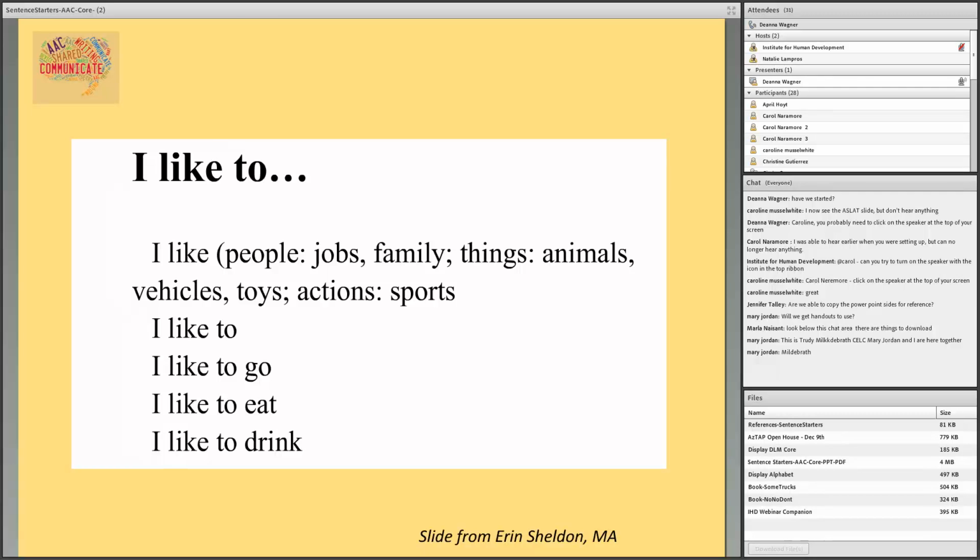So again, here's thinking about what words we would start with. I like was maybe things that I like. So we have sports, or toys, or action, or specific people.